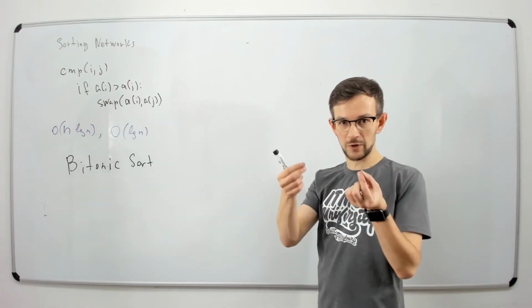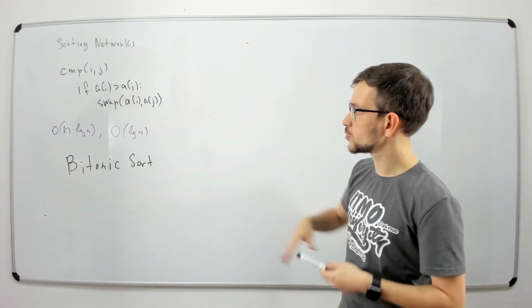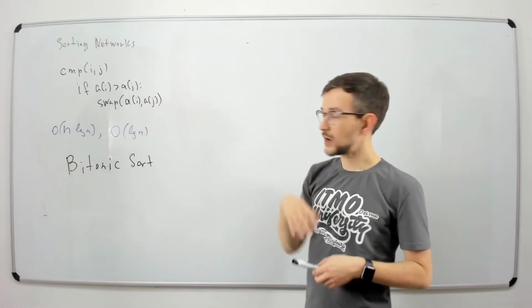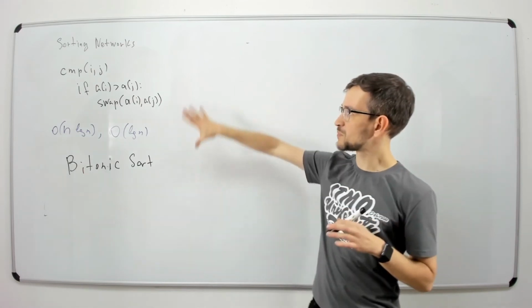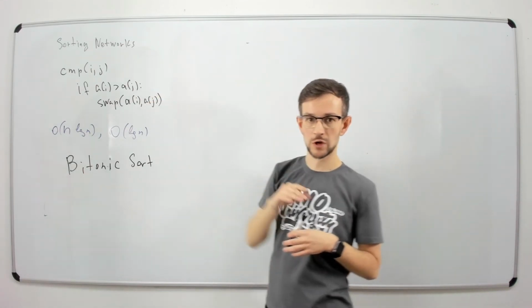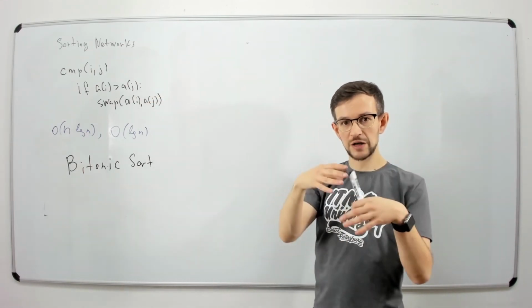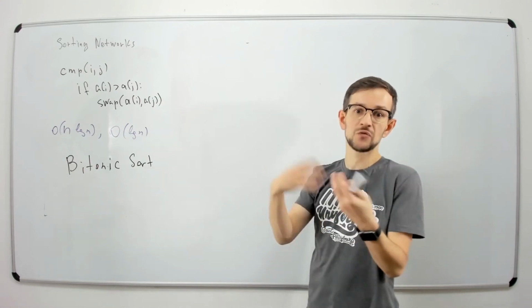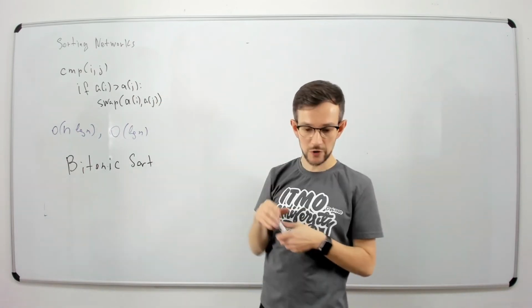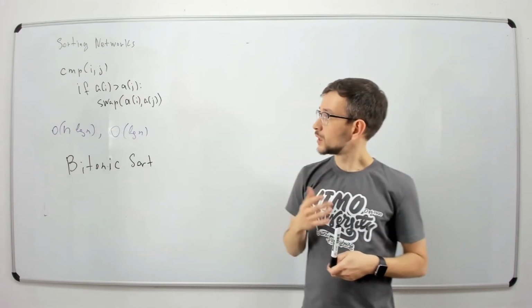You need to find the minimal value, and to find the minimal value, you need to run this comparator. We're working in this special model where this is the only operation we can make. To rotate the array, we need to find the minimal element, and we can find it because this is the only operation we have.